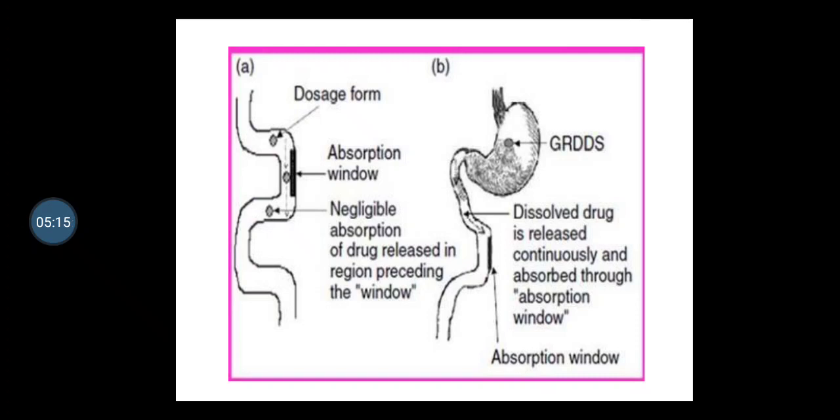Ileum, from which the maximum absorption takes place, is the lower part of your small intestine and has a pH of 6 to 7.5. Then the colon, which is the large intestine, has a pH of 5.5 to 7, and the rectum, obviously a basic one, that is 7.